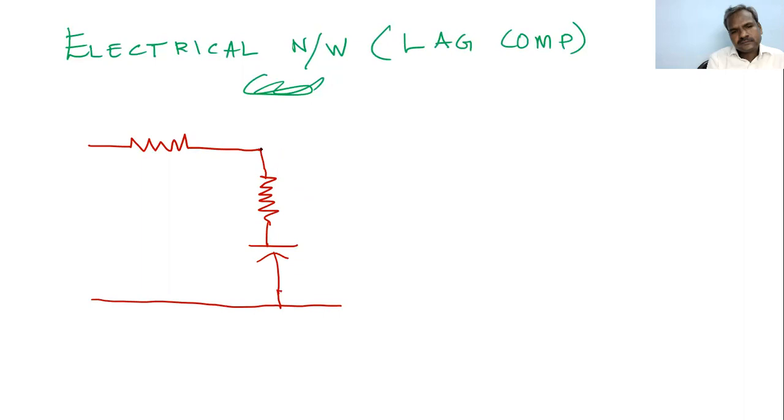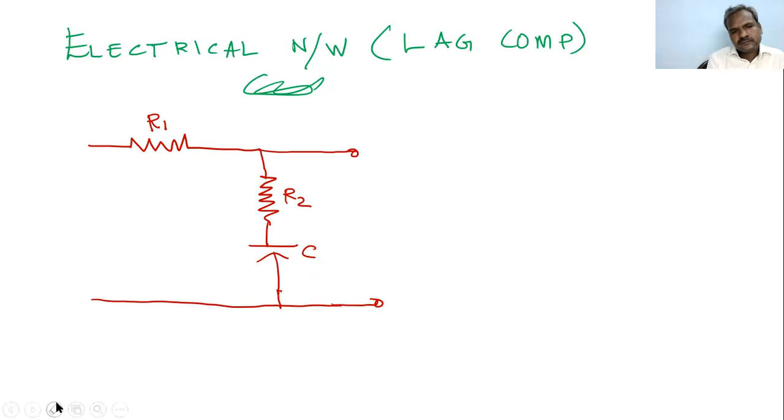So the circuit is like this. Say this is resistor R1, R2, this is C2. Or we can have it as C1, no problem, because only one capacitor is there.